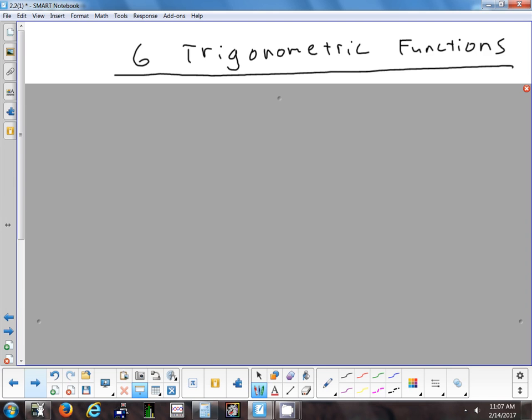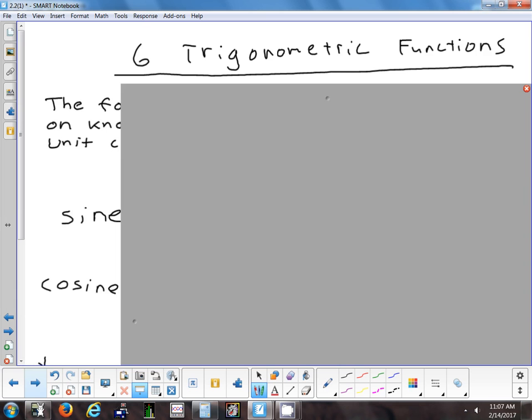Does anybody know the other 3? Well, Graham, do you remember one of them? Besides sine, cosine, and tangent. Cotangent. Yep, cotangent. That's one of them. Anybody know the other 2? No? All right, well, we'll get to the other 2 in a second.